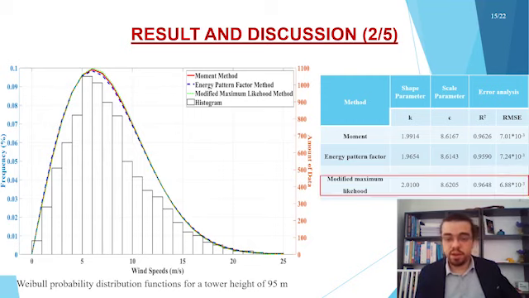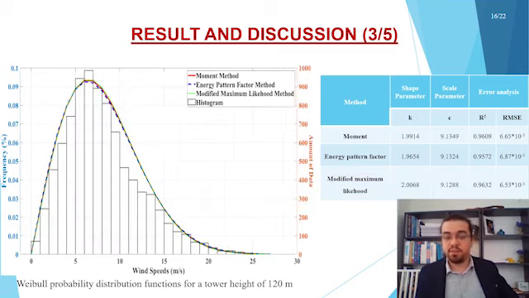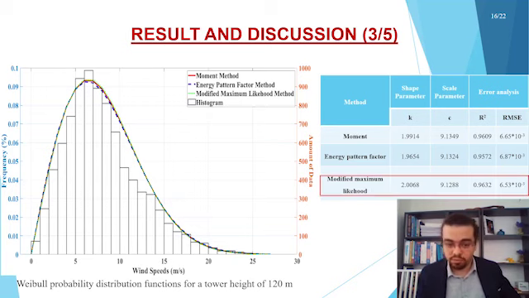Again, the highest R square and lowest RMSE value is for the maximum likelihood method. It's possible to say the same things for 120 meters. As you can see, the method with the highest R squared and lowest RMSE is the modified maximum likelihood method.